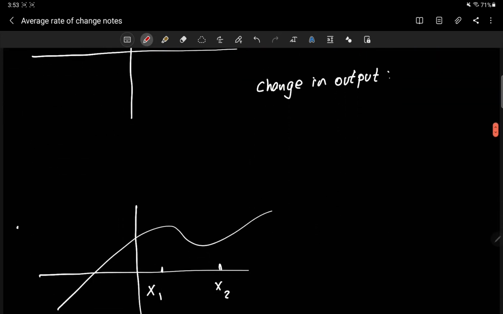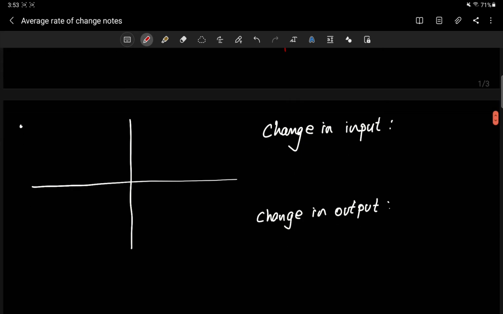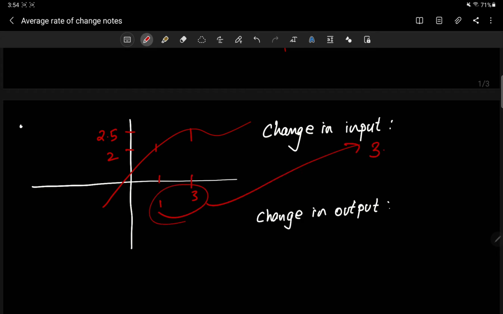And this idea is encapsulated as change in output over change in input. For example, when the input is 1, the output was 2. When the input is 3, the output was, say, 2.5. In this period, my change in input is the change in x value, which is 3 minus 1, which is 2.